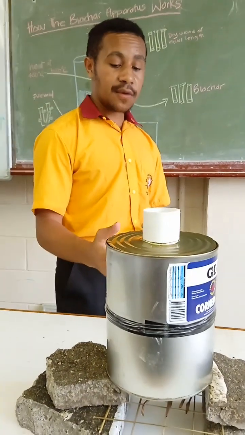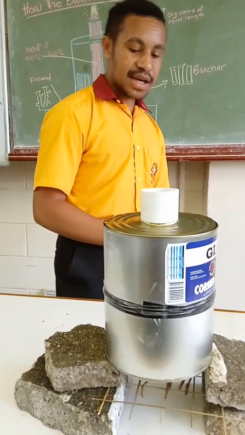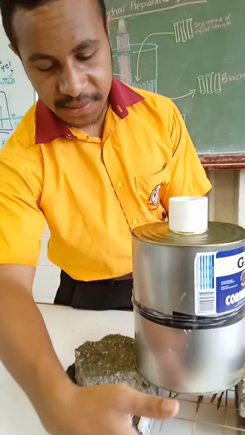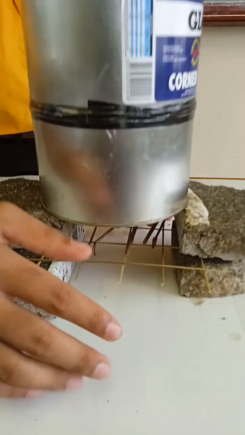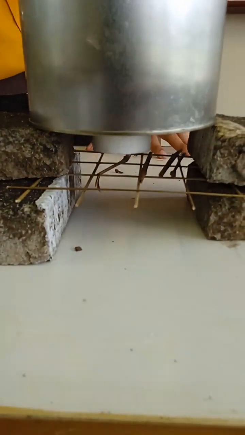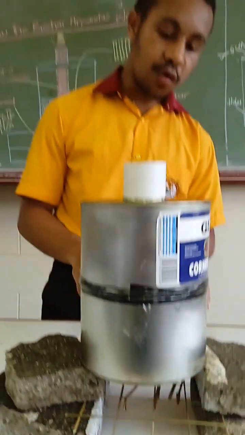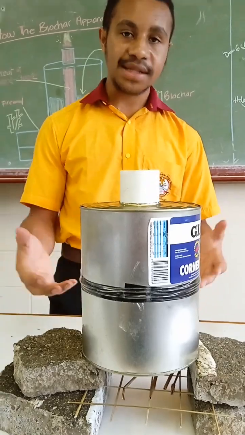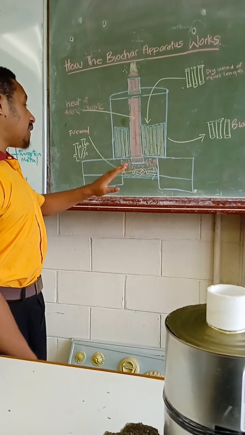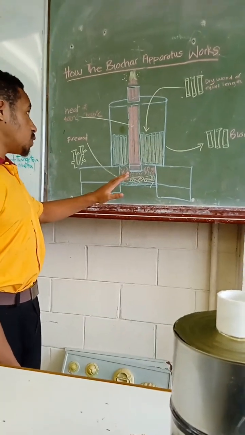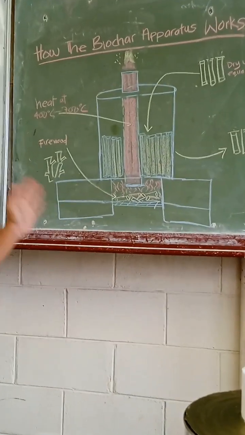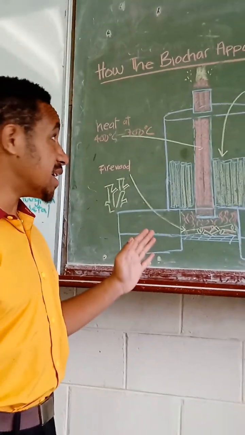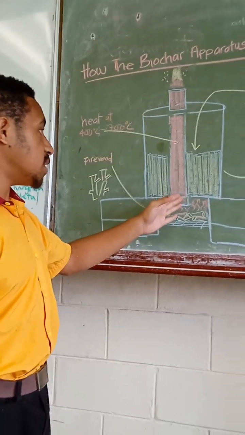After the wood is ignited, the gaps up here provide enough space for oxygen to help in the combustion of the wood to produce much heat. After the fire is ignited and the heat is produced, the heat at about 400 to 700 degrees Celsius is channeled up the metal pipe here.